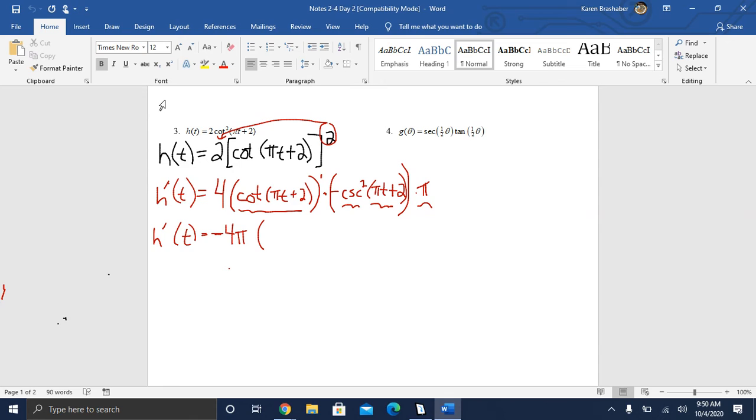So the cotangent of pi t plus 2 times the cosecant squared of pi t plus 2. So you'll find that often with trig functions, you'll have multiple times that you have to do the chain rule.